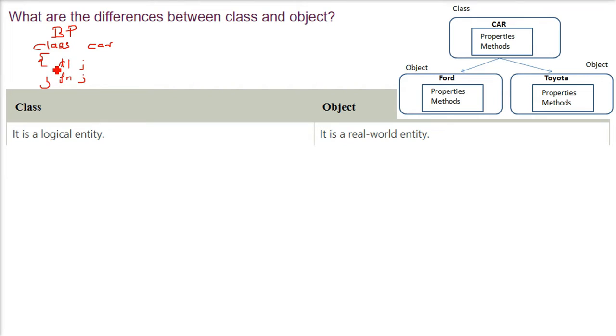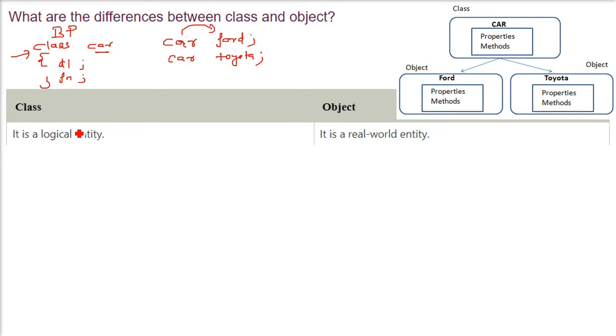So this is a binding also. It is just a template which gives us the possibility of using it by means of an object. Now this car was a class, but I made a Ford named object, a Toyota named object. So now the object is being created.